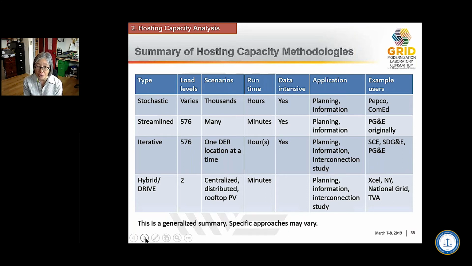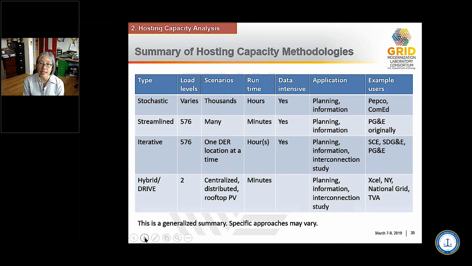The second method, the streamlined method, this is something PG&E did in their first hosting capacity study, and it combines a limited number of load flow analyses with a bunch of equations and algorithms that helps you do the analysis really quickly.